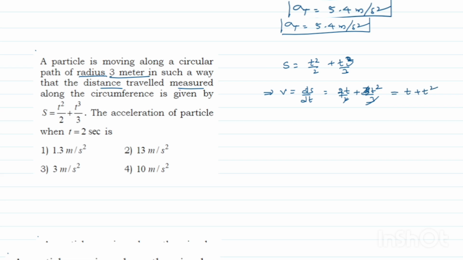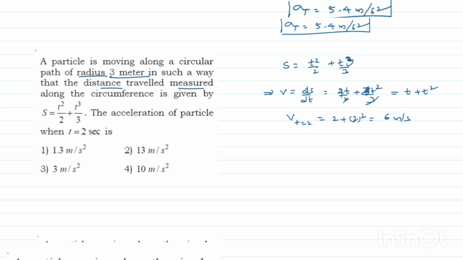Now the velocity at time t equal to 2 seconds is 2 plus 2 square, which is 4, plus 2, so 6 meter per second.